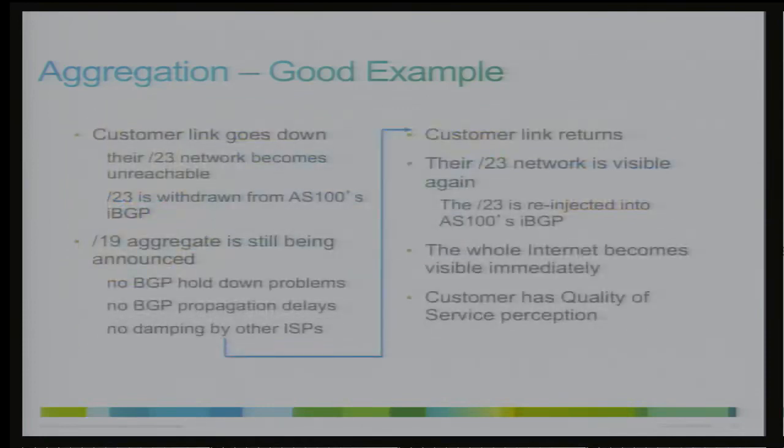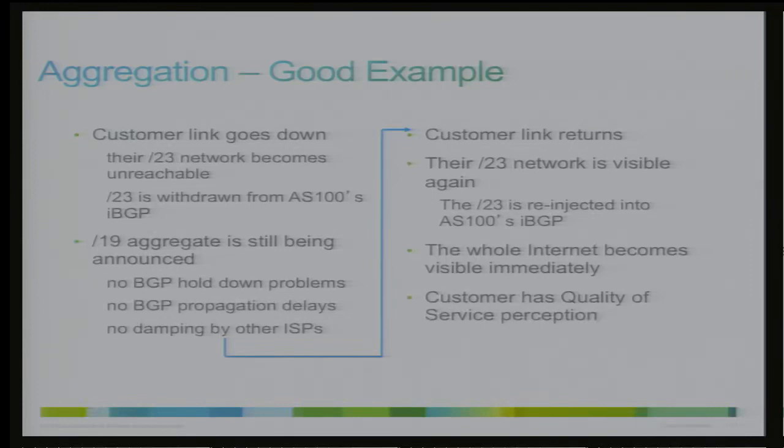When the link goes down, the /23 becomes unreachable within AS100, but it's not propagated to the rest of the internet. The rest of the internet only sees the /19. So traffic will come to AS100, and if it is for that specific prefix, it will be dropped within AS100, but there is no route propagation outside that ASN.